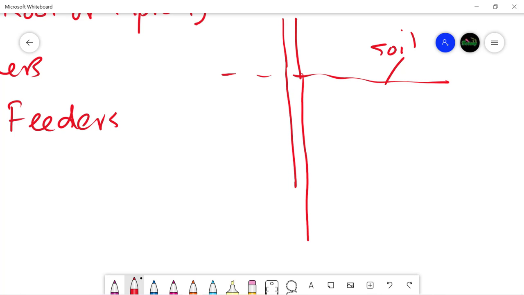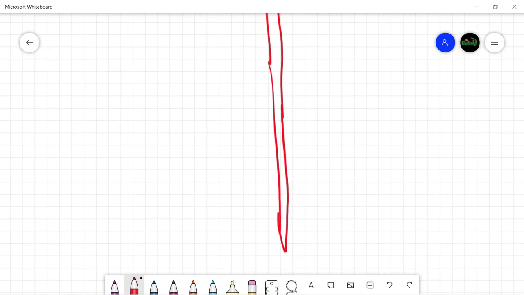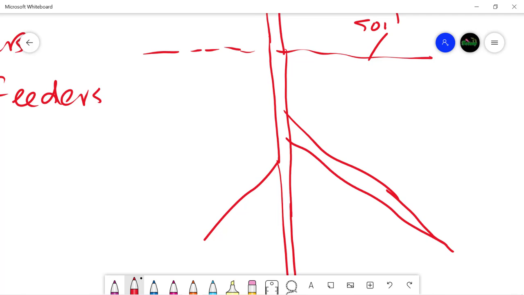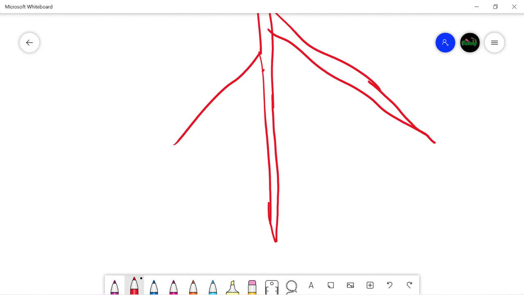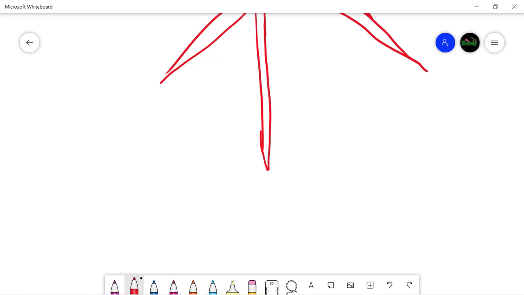Now in deep feeders, this root grows downwards to a considerable distance below the surface of the soil. As you can see, it has gone a long way downwards, and then its branches penetrate to various depths inside the soil.